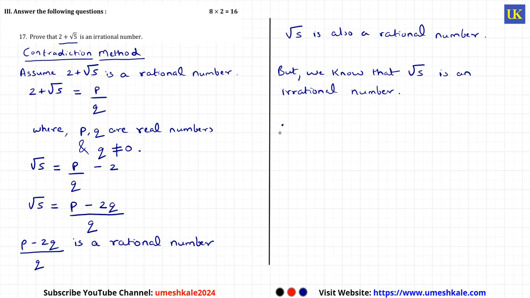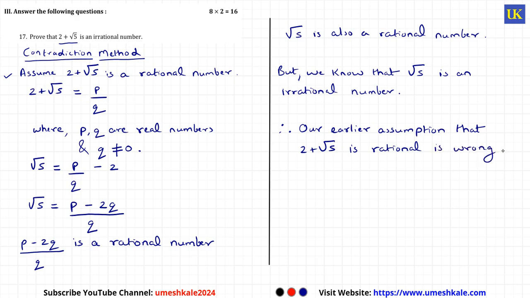Therefore our earlier assumption that 2 plus root 5 is rational is wrong, because it is getting contradicted.